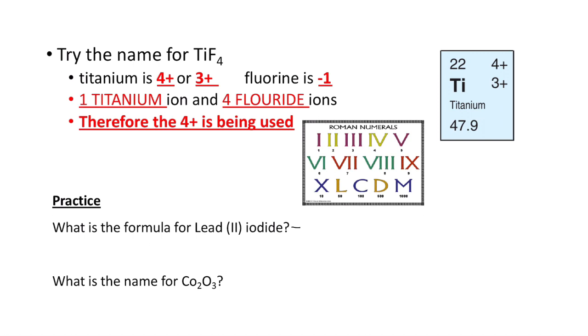So again, another example, TiF4. If we look at the periodic table, titanium has 2 possible charges, where fluorine has a -1 charge. So we're going to work with what we know here. Each fluorine ion has a -1 charge, and we're told we have 4 of them.